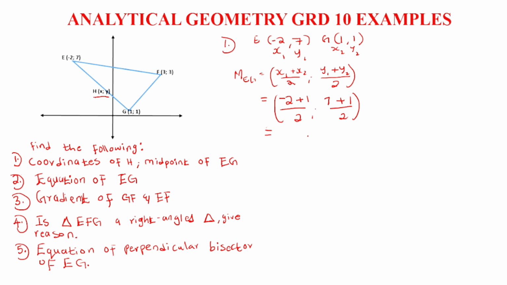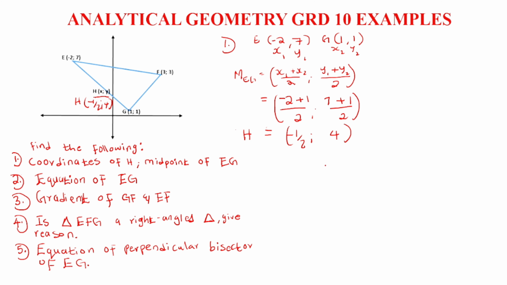When you put this in your calculator, you should get minus 1 over 2, 4. Sorry, minus 1 over 2 is to 4. So this will be the coordinates of H, which is the midpoint here. Let me put it on the diagram: it's minus half, 4.